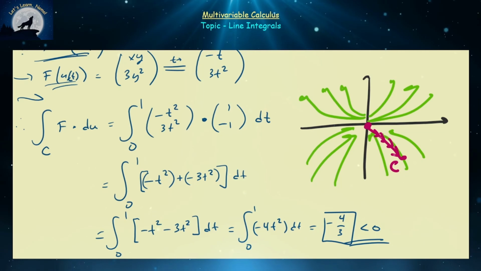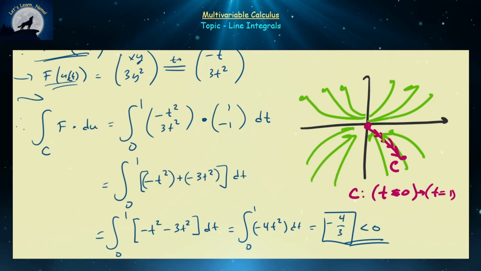Notice that the flow lines of the vector field are going in the opposite direction compared to that of the path direction of C. That is, if we go from t is equal to 0 to t is equal to 1, that gives us that particular path C. Right? So since we're going against the flow, if you think of it in terms of physics, we're going to be losing energy with respect to that motion.